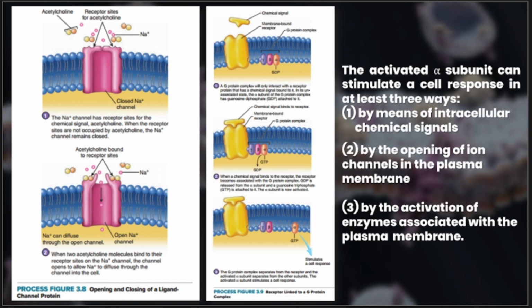Now we have here in figure 3.8 the opening and closing of a ligand channel protein. When a specific molecule, or your ligand, for example, binds to a ligand channel protein on the cell membrane, it will trigger a change in the protein shape.